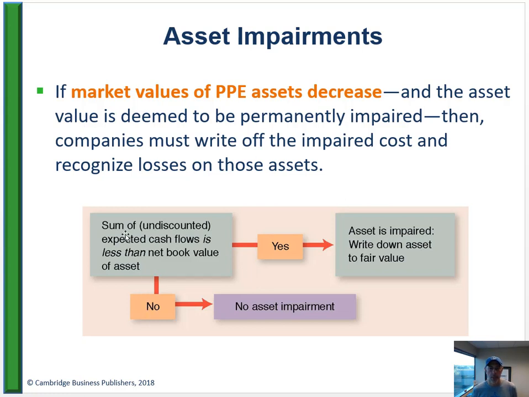And the calculation for that is down at the bottom of slide 40 here. The auditors will look at the sum of undiscounted expected cash flows, and they'll compare that to the book value of the company. And just focus in on this word expected.